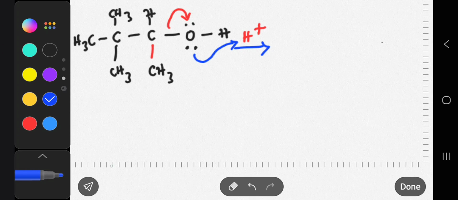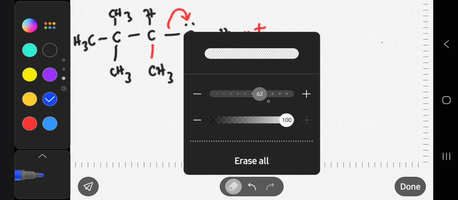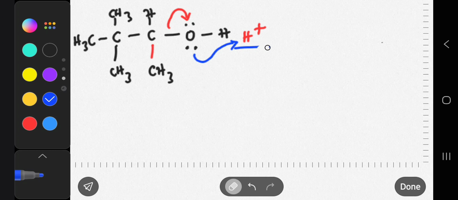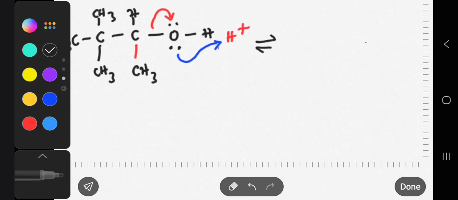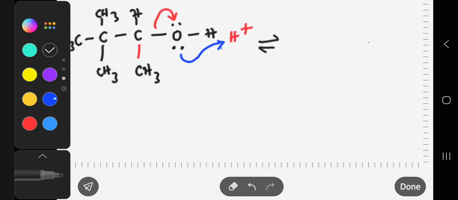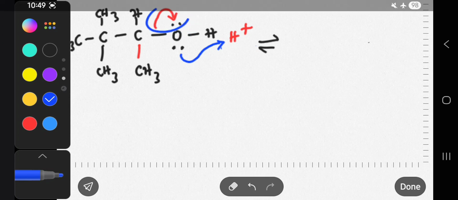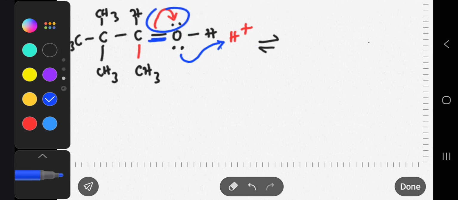So basically we are going to have, let me wipe this arrow, I'm not showing the mechanism, this intermediate where, remember, oxygen is picking up the bonding electrons to itself, meaning that carbon will be deficient, meaning there's going to be a positive charge, right?